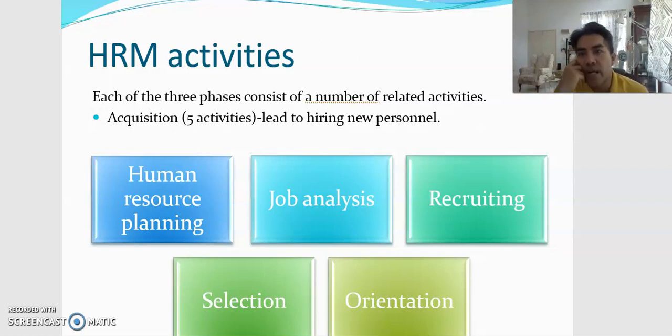Then we need to decide where we are going to locate these potential employees, whether from different companies, universities, colleges or training centers. And then you need to do the job analysis to identify the job description and the job specification. Why? Because this is the element that you are going to use in your advertisement.